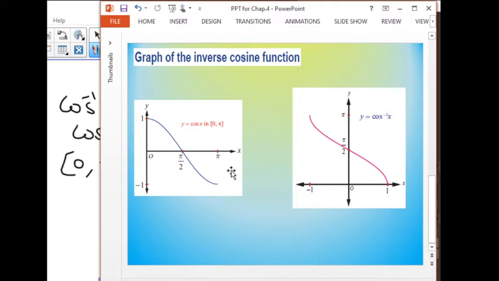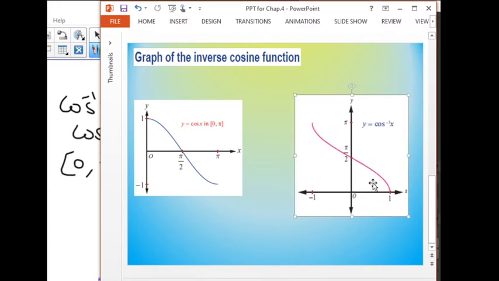The values in the x axis become the values in the y axis, and the values of the y axis become the values of the x axis, same as what we saw for the sine graph. Pi by 2 and pi are on the y axis, so it turns there. Likewise here also. So see the turning points. Turning points are very, very important in the case of these curves.